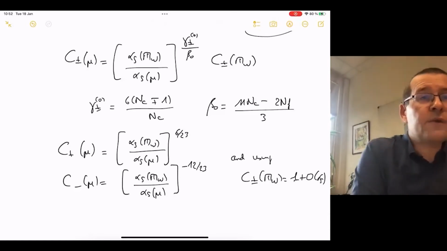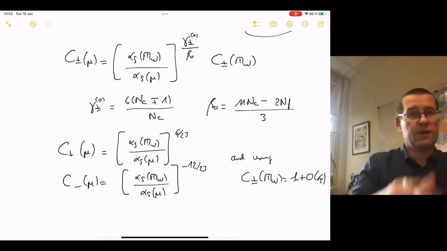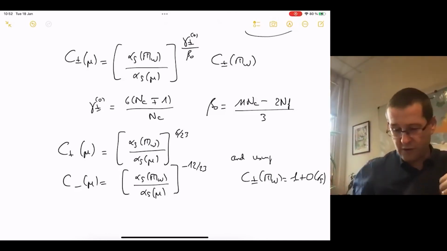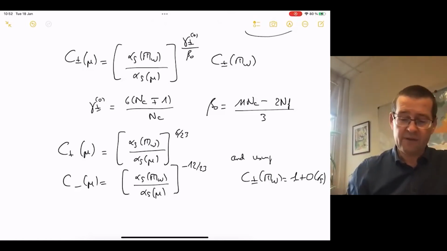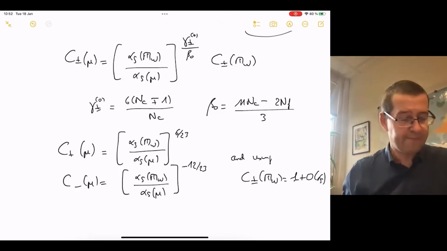We had C2, which was 1, and C1, which was 0. So when you take the plus or the minus combination of C2 and C1, then you obtain 1 in both cases. And so that's why it's multiplied by 1 corresponding to C plus minus at MW.